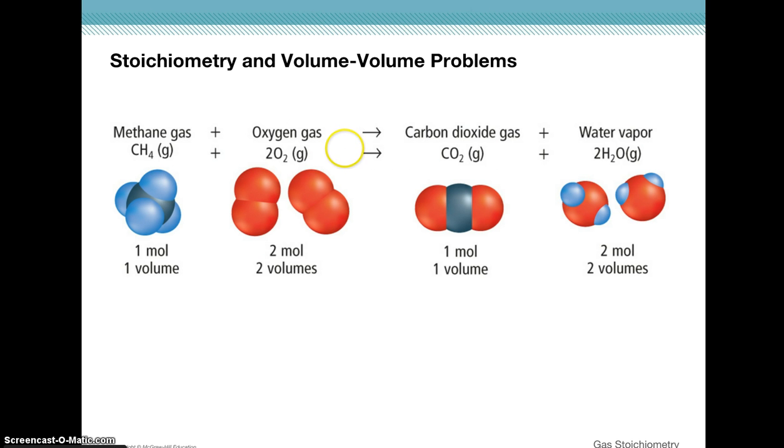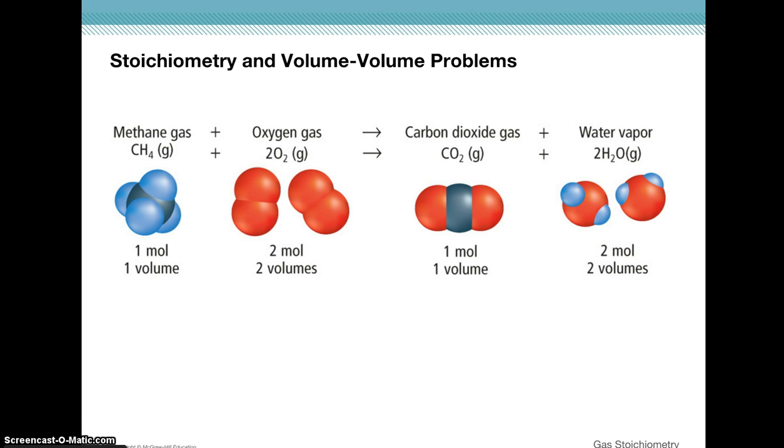So let's say we have methane. CH4 reacts with two oxygen gas molecules to produce carbon dioxide and two water molecules. Now we can look at our coefficients here as 1 mole of methane reacts with 2 moles of oxygen to produce 1 mole of CO2 and 2 moles of H2O.